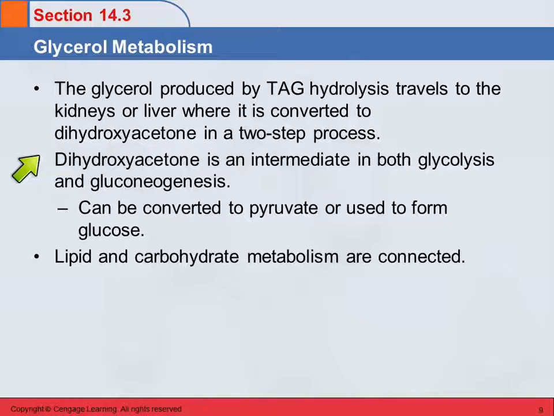Dihydroxyacetone phosphate is one of the intermediates in both glycolysis and gluconeogenesis. And so it can be converted to pyruvate, or it can be used to form glucose. So whichever way is needed. And that is an example of how lipid and carbohydrate metabolism are connected to each other.